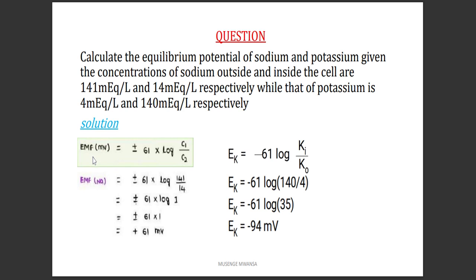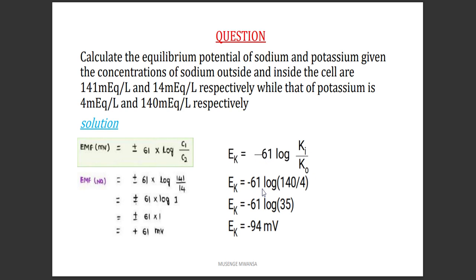To calculate the membrane potential, it is 61 times log of concentration out over concentration in. For sodium, the concentration out is 141, in is 14. I'm going to get a positive because I started with out over in. But if I start with in over out, I'm going to attach a negative here.